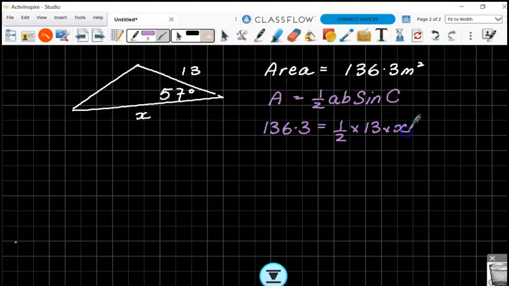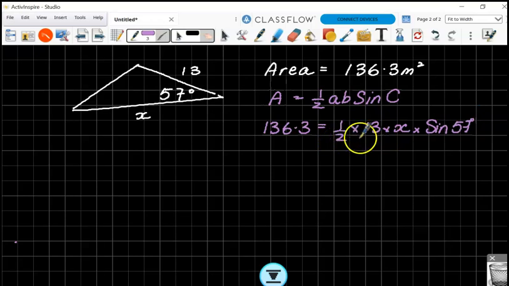And we're making sure that we write nicely, so our x's look like an x and our times look like times. They don't look like the same thing. And then we've got sine. Do I know our angle? Absolutely, 57. You guys have got brilliant algebra skills. How do I get rid of all the timesies?